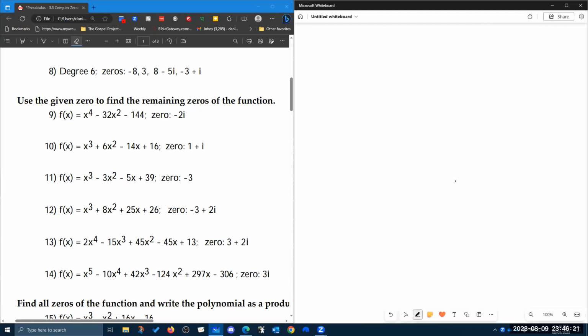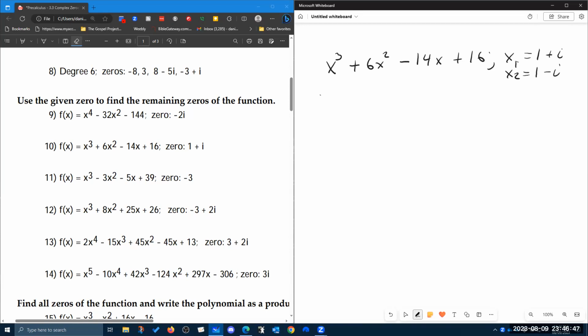Let's try this one now. x to the third plus 6x squared minus 14x plus 16. And my given zero is x equals 1 plus i. That means that I have a second complex zero of 1 minus i.